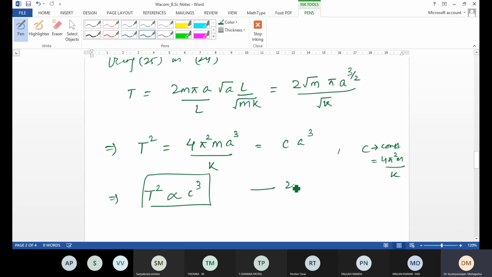Equation number 26. So this is Kepler's third law: the square of the time period is proportional to the cube of the semi major axis.